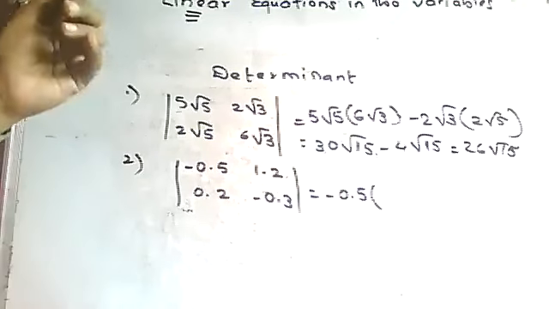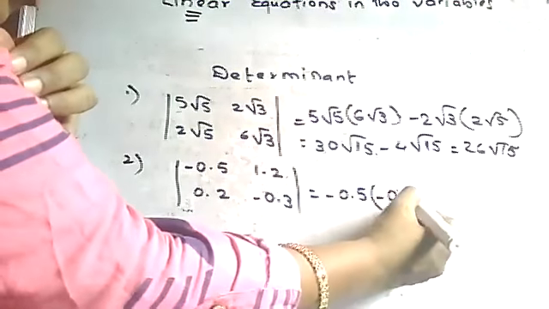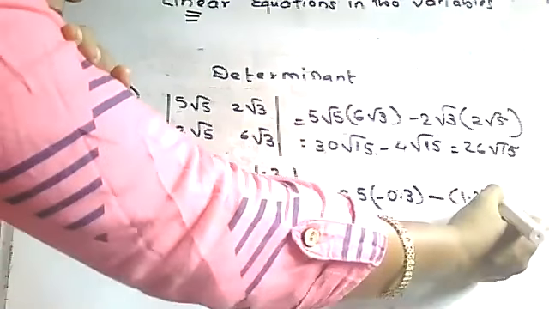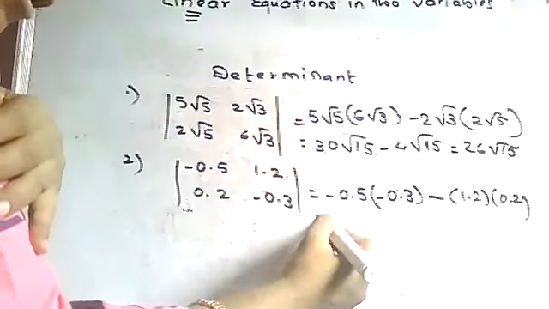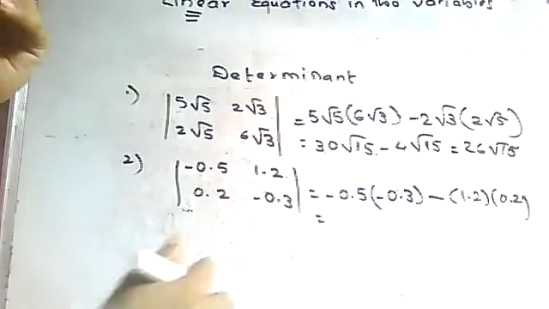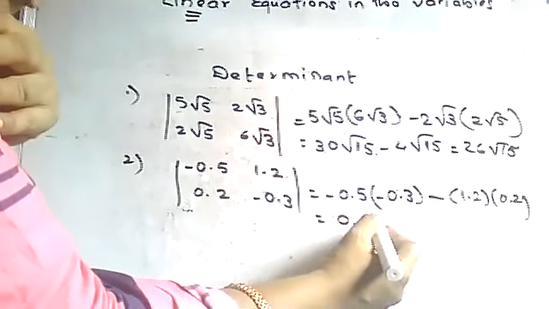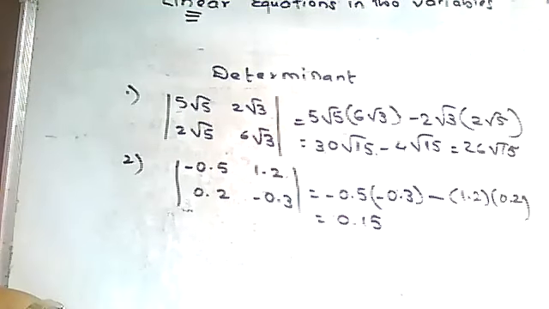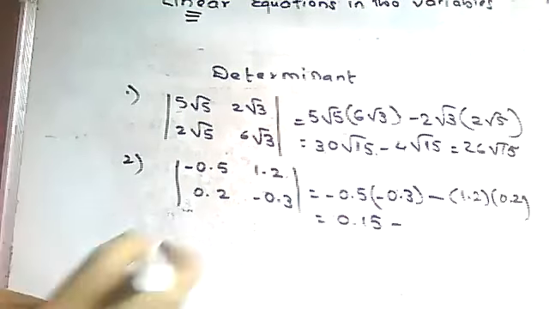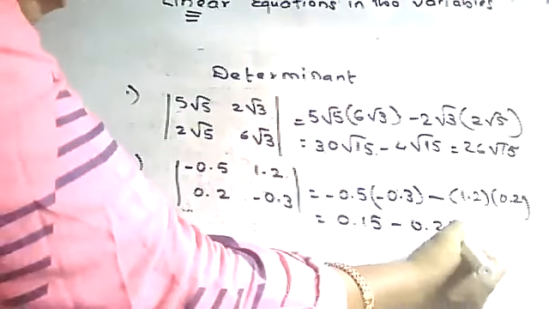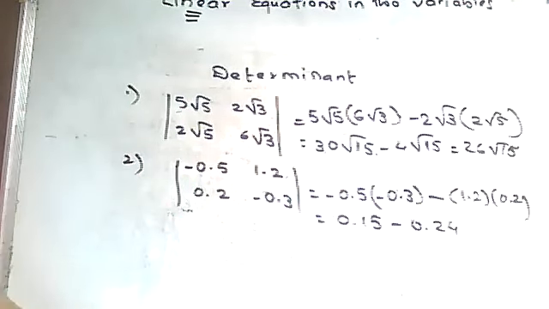Minus 0.5 into minus 0.3, negative 1.2 into 0.2. Minus will become positive 15. So it will be 0.15, 2 decimal places. 0.15 minus 12 twos are 24. So 0.24 again for 2 decimal places.